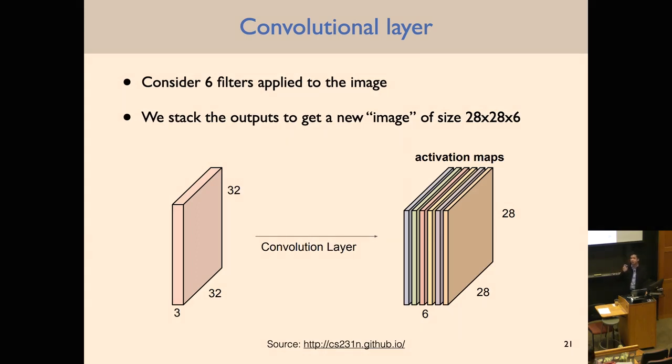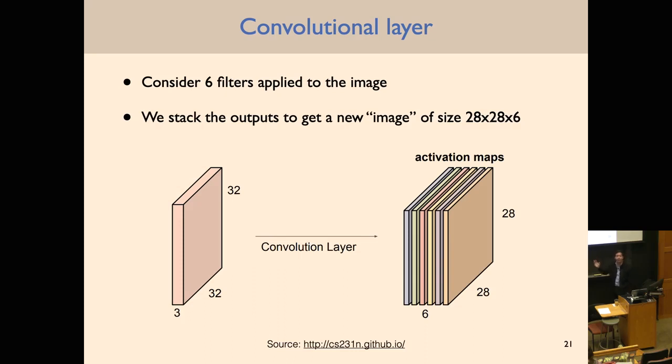Yes, exactly. So 5 by 5 by 6, if you take that as your kernel and then you convolve that with the 28 by 28 by 6, the 6 needs to match, right? The 5 by 5 by 6 has to match the last dimension of this array. And then we're going to lose dimension again. We went from 32 to 28.